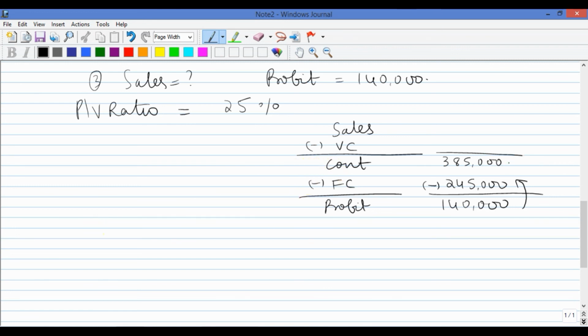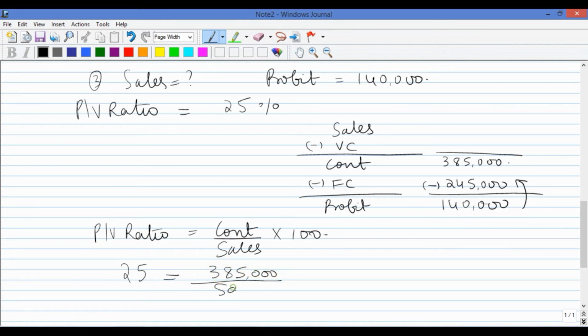Now the PV ratio formula I'll use, which is nothing but contribution divided by the sales, and then you multiply by 100. So the PV ratio is, friends, 25%, which I'm writing here. Contribution, I'm aware, is 3,85,000, which I'm writing here, divided by sales, and then I need to multiply by 100.